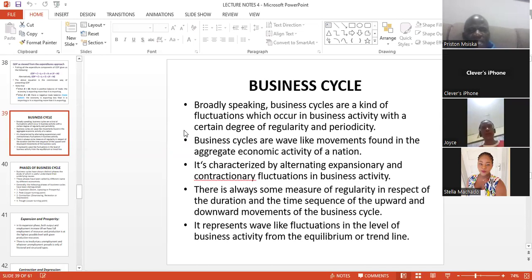So you have an economy, situations where you have got booms and recessions or contraction. So this is very related to the issue of performance of economies.